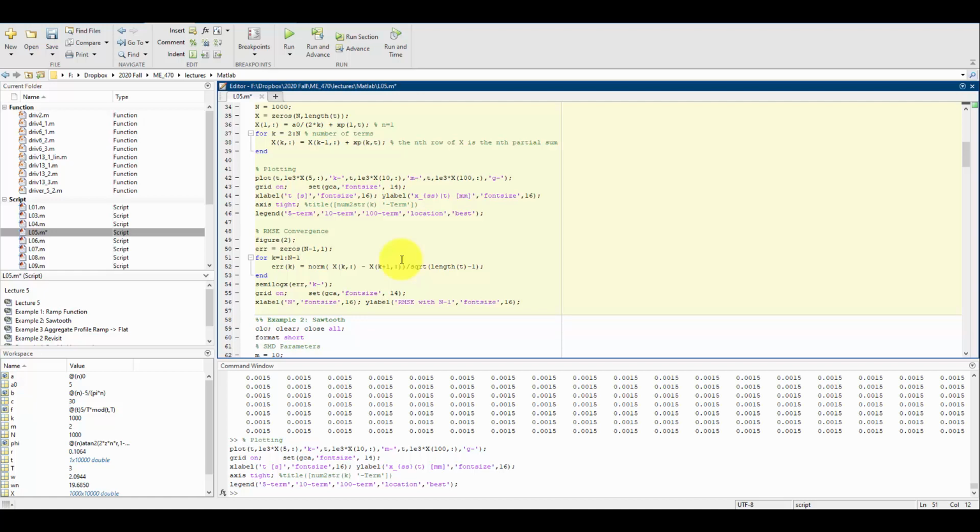So I should see barely any RMSE between neighboring terms as I use a sufficient number of terms. So that's what we're comparing here. It's a little bit different than what we did in the past, where we were looking at the RMSE between the true value and the nth partial sum. Here, we're looking at the RMSE between the nth and the nth minus 1 partial sum. And we'll see what graphically it's going to look like.